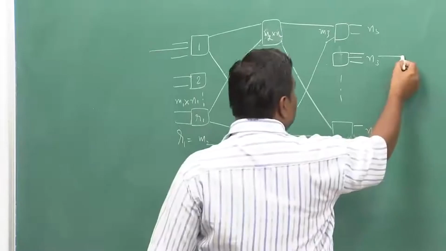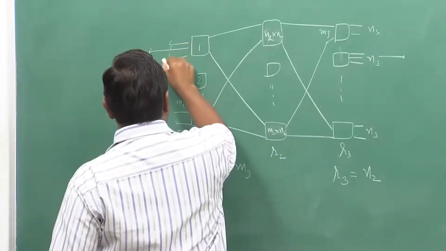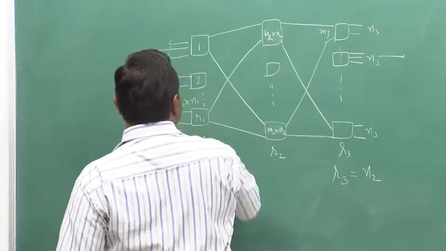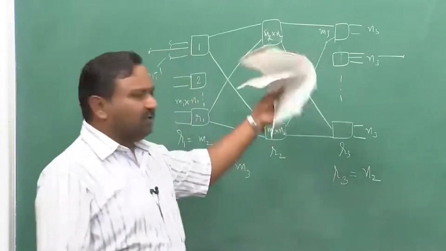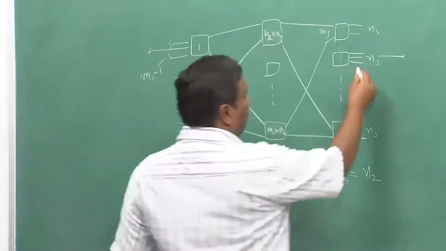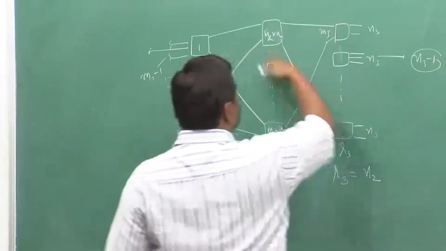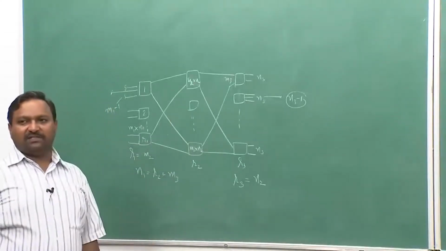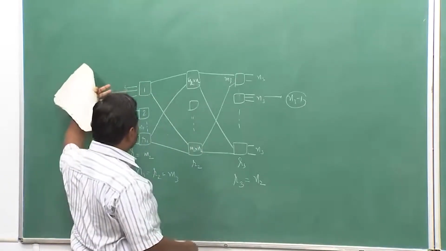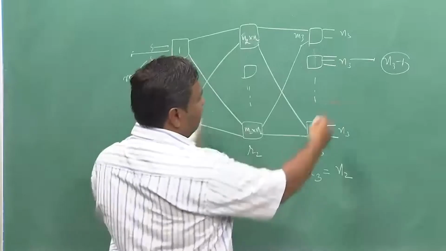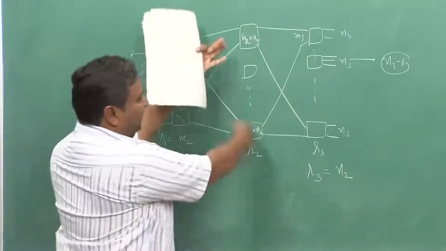Except this one, which is the free port, the remaining ones, which are M1 minus 1, can be connected to middle stage switches, so that they are connected to some other places. On this side there will be N3 minus 1 outgoing ports, which are again connected to the middle stage switches. The set to which these busy M1 minus 1 ports are connected and the set to which the N3 minus 1 are connected are different sets.